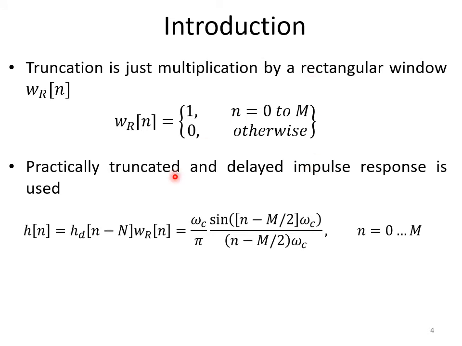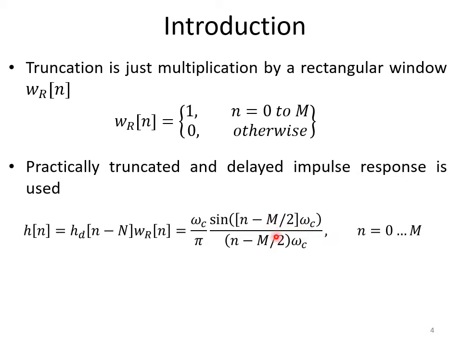So practically the truncated and delayed impulse response is used so that you have a finite length filter which is also causal, right. The amount of delay is equal to M upon 2, right.